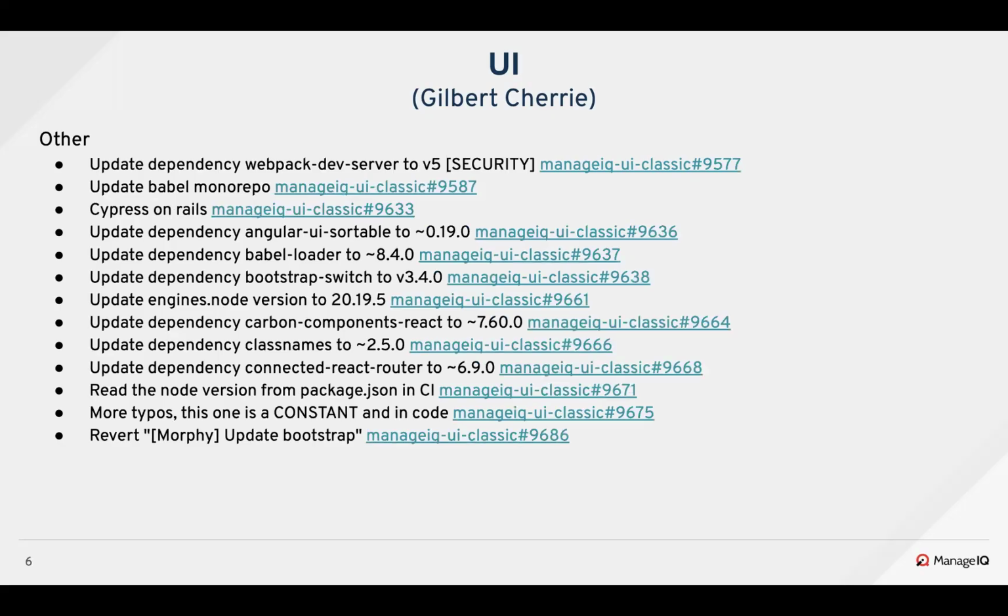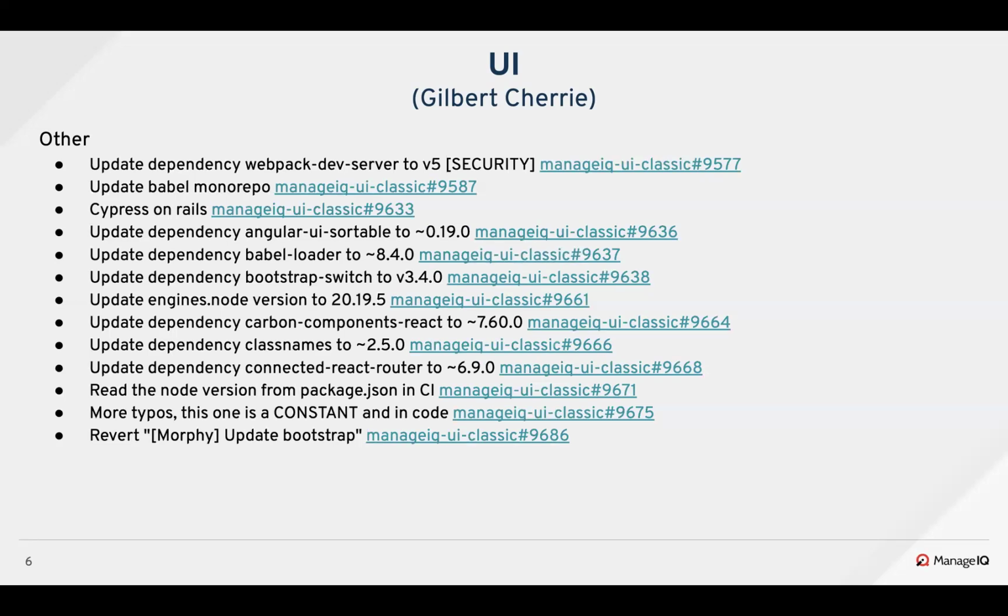For other PRs that we had, Renovate updated the dependency Webpack dev server to v5. The Renovate bot also updated the Babel mono repo. Joe had his Cypress on Rails initial PR.